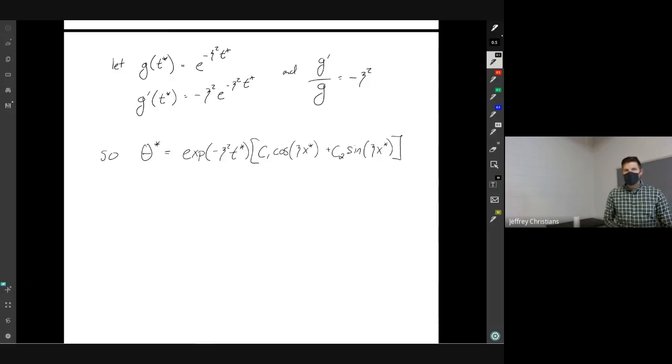Now we have an answer with 3 unknown constants. Lucky for us, we have 1 initial condition, 2 boundary conditions. We have 3 conditions that we already know. So now the challenge is, okay, use those initial conditions, boundary conditions to figure out the unknown values. So we're going to figure out C1, C2, and xi.